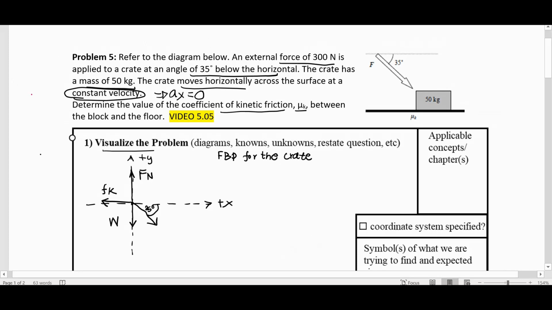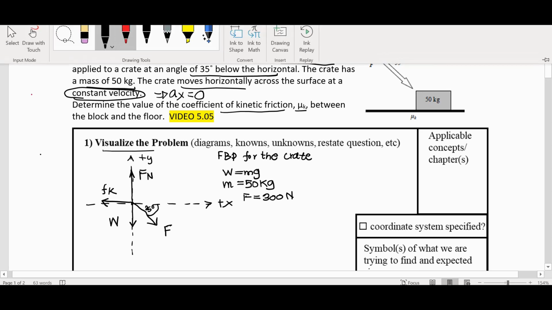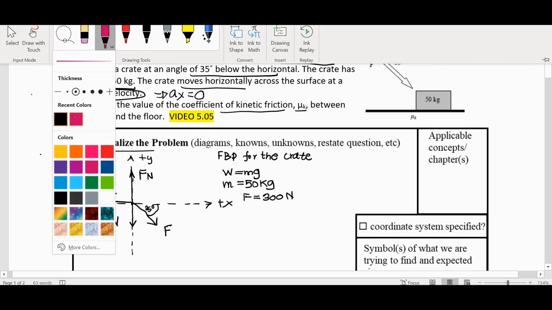Again, weight is equal to mg. So mass is 50 kilograms, and the applied force is 300 newtons. It is given in the question. Again, we can look at this applied force. It is acting at an angle of 35 degrees below the horizontal.